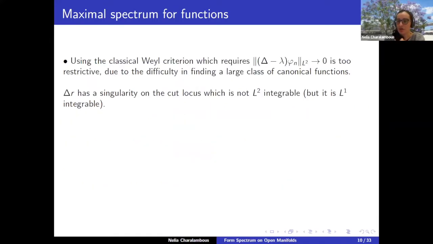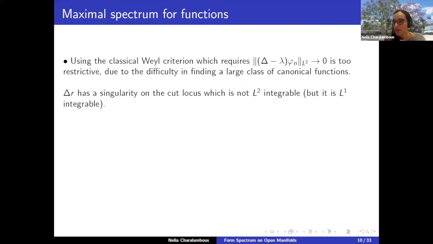Let me just make the argument for the generalized Weyl criterion. Using the classical Weyl criterion, in other words, trying to find a sequence such that the Laplacian minus lambda at the approximate eigenfunction goes to 0 in L2, is very restrictive, because there aren't many canonical eigenfunctions or forms that one can use on the manifold that behave nicely once we apply the Laplacian to them.